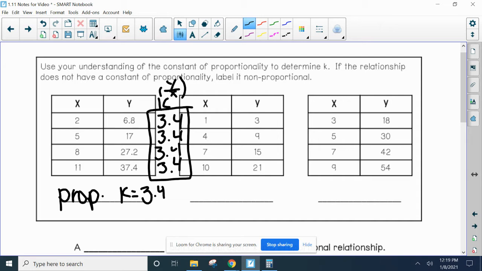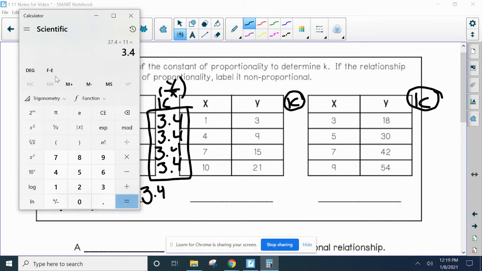All right, so now I want you to go ahead and pause it. And you can use your calculator. Divide out all your y over your x to find your k's for this one and this one. All right, so by now you should have already done it. Let's do it together.